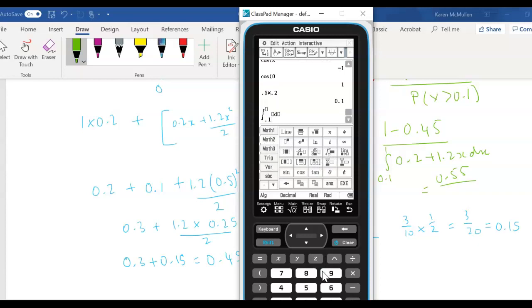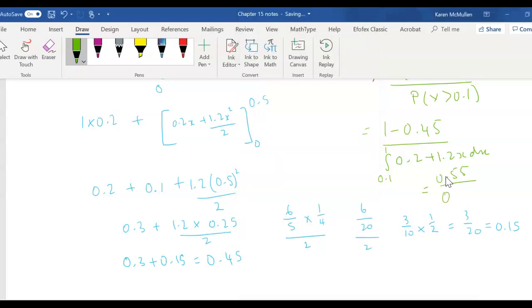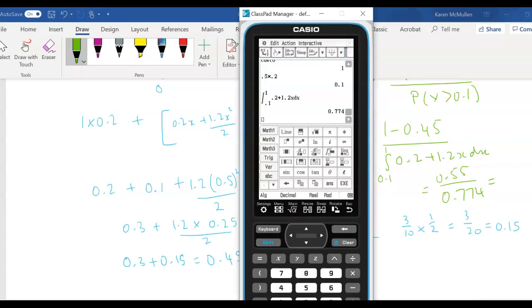So from 0.1 to 1 of 0.2 plus 1.2x, and then dx. That gives 0.774, and then let's just finish that off on the calculator. So we've got 0.55 divided by 0.774, which gives 0.7106.